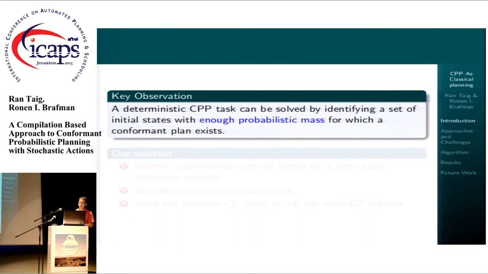So the key observation in our solution is that a deterministic conformant probabilistic planning problem can be solved if we identify a subset of the possible initial states with probability higher than 0, that has enough probabilistic mass, and there's a conformant plan from those states. Then we can get a plan for the original conformant probabilistic planning problem.